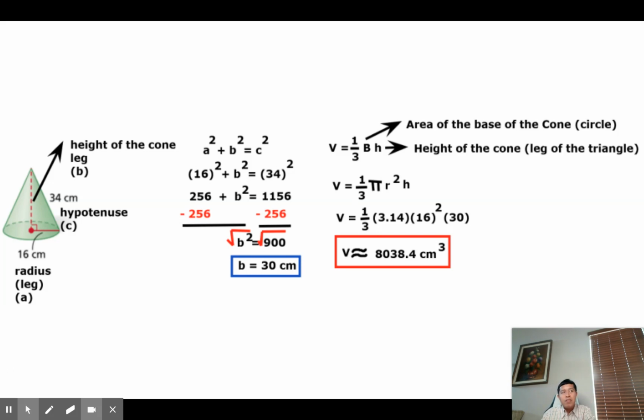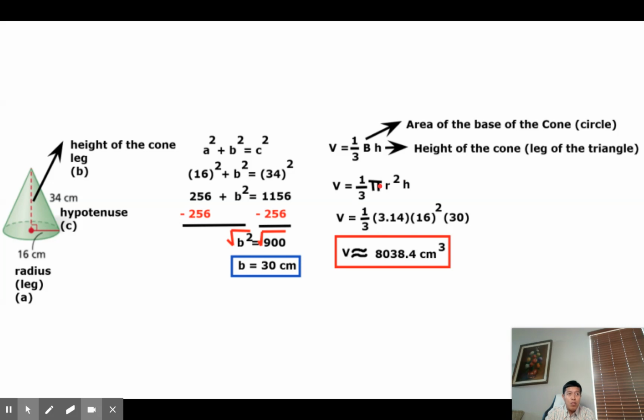And because of that, we can apply it now to the volume formula of a cone. So V is equal to 1/3 BH. B is the area of the base of the cone, which is circular, and H is the height of the cone, which is one of the legs of that triangle, the one that we have solved. So let's plug in the specific formula.